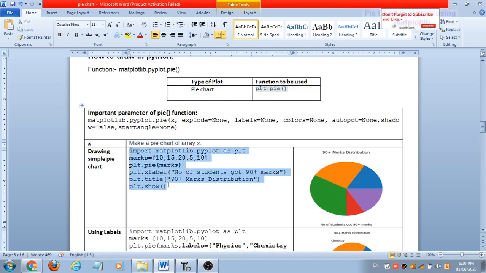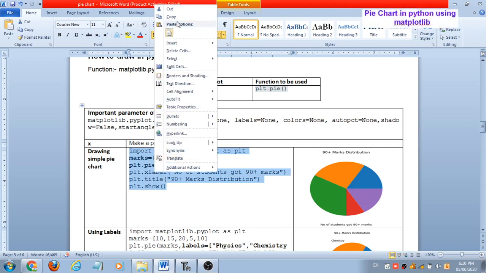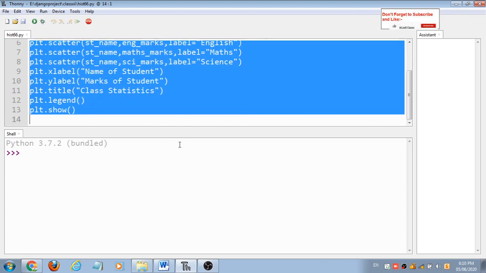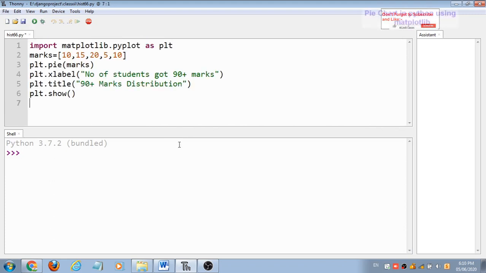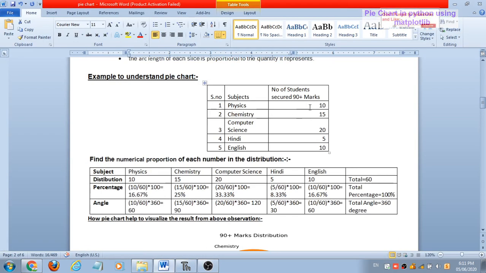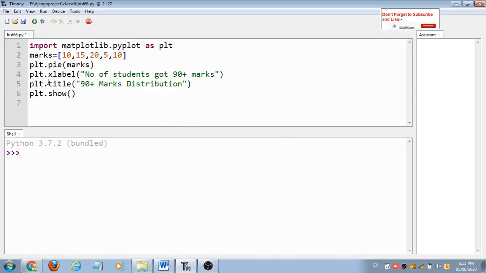So let's draw a simple pie chart. How can we do this? I am just pasting it in the Python interpreter. The first line is import matplotlib.pyplot as plt, importing the matplotlib library. Now suppose this is a distribution: 10, 15, 25, 10. This is the same as my given example.